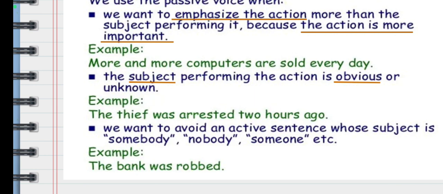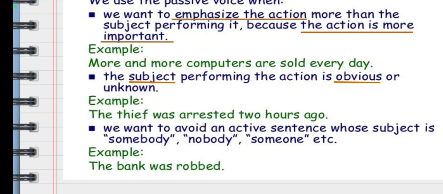Okay. We can check that it is passive voice because we have here the object. This is a noun. Was plus past participle. Okay, that's why we know that this is passive voice, because maybe this is not a normal active sentence, where we say, like, the police arrest the thief.